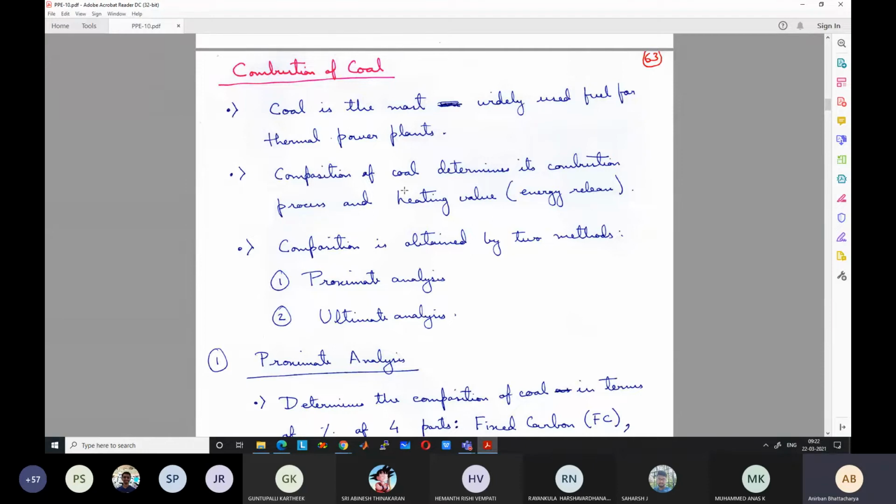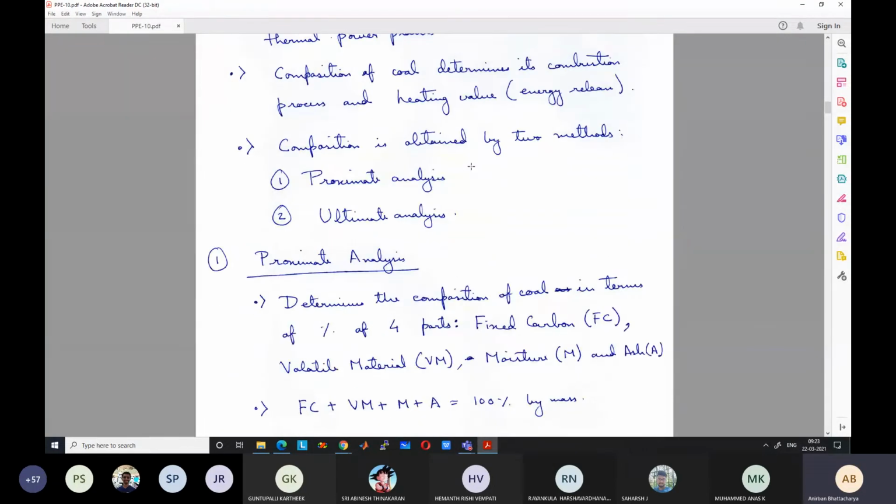So depending on the initial biomass, the composition of coal can change. And depending on the composition of coal, the combustion process and the heating value will also change. Heating value means the energy which is released. So it is important to know the composition of a coal.